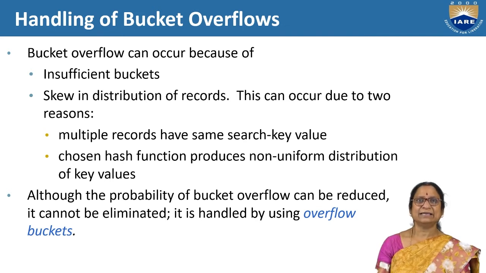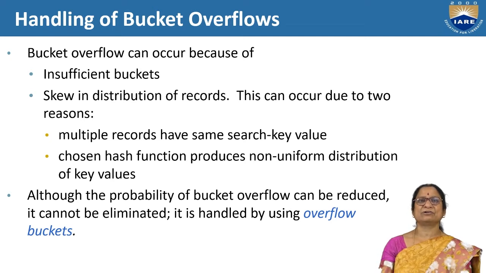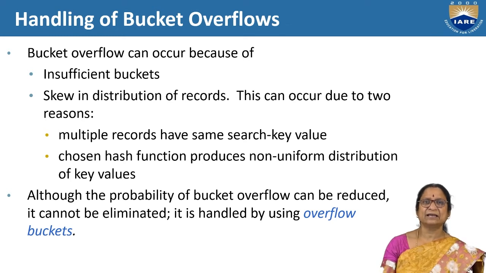This overflow occurs because of insufficient buckets for the data. For example, 3 buckets are there, each bucket may hold 10 records, but I have 100 records, then automatically the possibility of overflow is there. So the causes are an insufficient number of buckets and skew in the distribution of records.